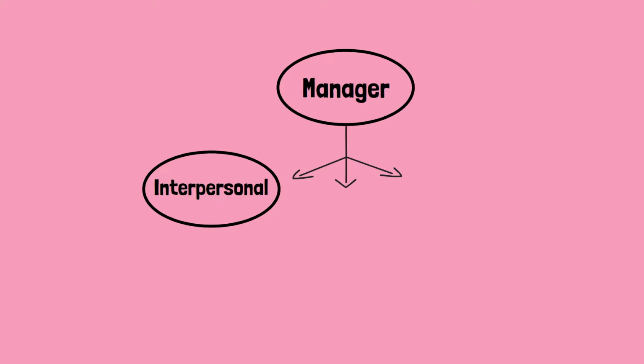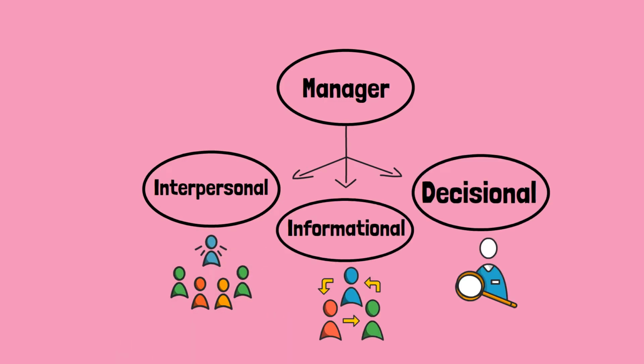The first cluster is interpersonal roles. These roles involve the behaviors associated with human interaction. In other words, interpersonal roles are the roles that allow a manager to interact with his or her employees for the purpose of achieving organizational goals. There are 3 roles listed under interpersonal, which include figurehead, leader, and liaison.